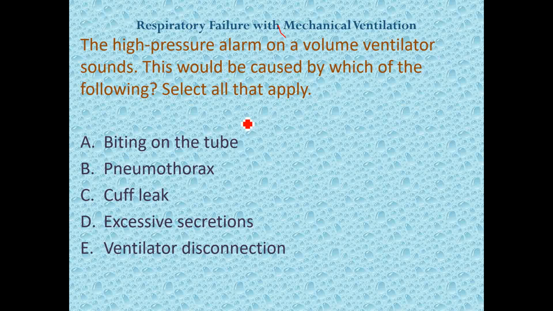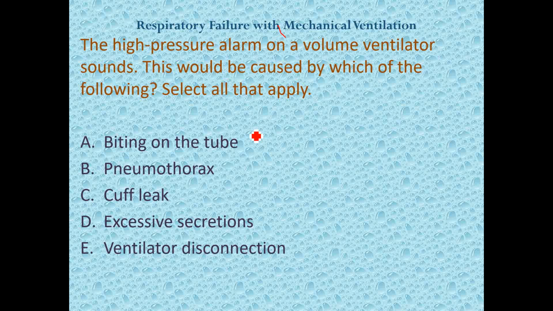So when the high pressure alarm goes off, that means something has happened that has increased the resistance or decreased the compliance. Resistance means the difficulty of those lungs to stretch. Compliance means stretchiness, so the compliance will be less. It will be less stretchy when there's more resistance. So the two are kind of opposite terms.